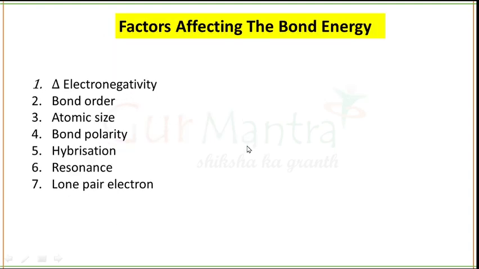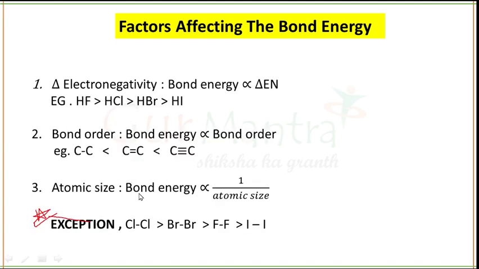Now there are a number of factors which affect the bond energy. There are 7 major factors: electronegativity difference, bond order, atomic size, bond polarity, hybridization, resonance, and lone pair electrons. Now we are going to study all the factors. Number 1 is the difference in electronegativity.